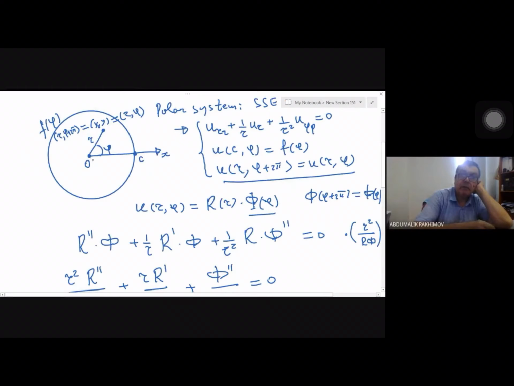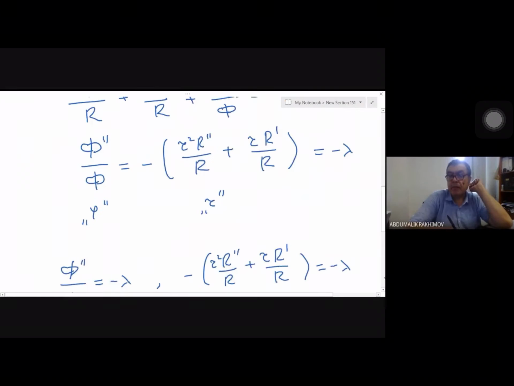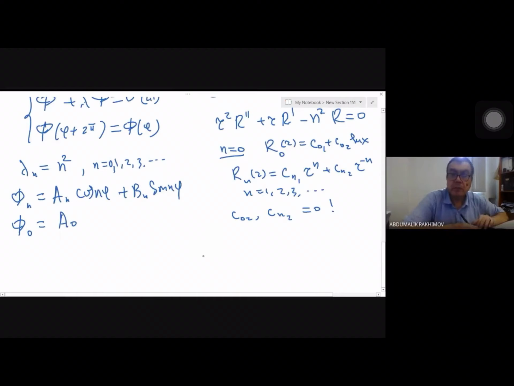But at r equals 0, ln r and r to the power minus n are infinite, okay? So it's not possible.